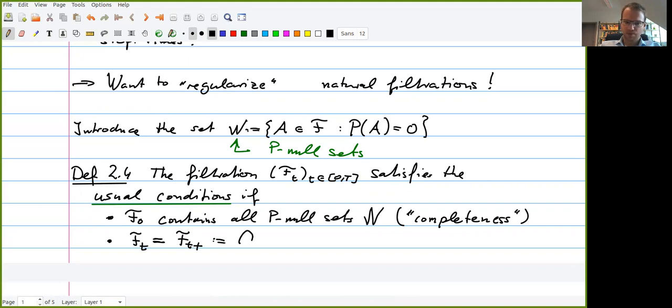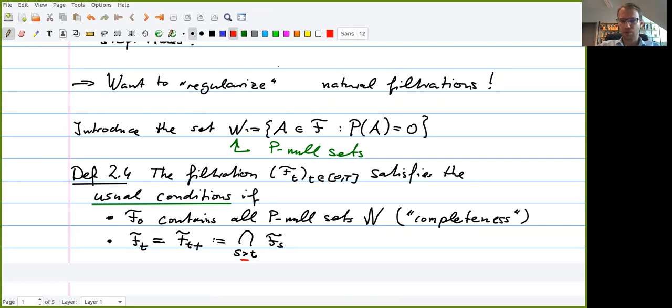This means I want to come from the right side, meaning I take the intersection of all filtrations F_s with s strictly bigger than t. Would I have an equality sign here as well, that would be trivial because I have an increasing sequence of filtrations. But here it is important that I have the strict inequality, and then it's not trivial, right?